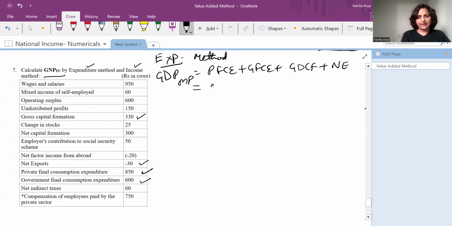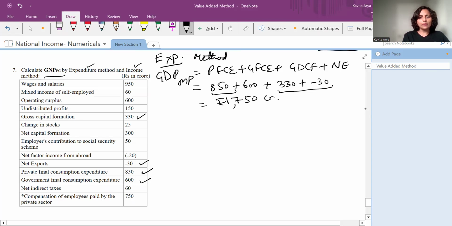So this says 850 plus 600 plus 330 plus net exports is minus 30. So this gives me 300. So 900 is to be added here. So it becomes 1700 rupees in crores. And what am I required to find?